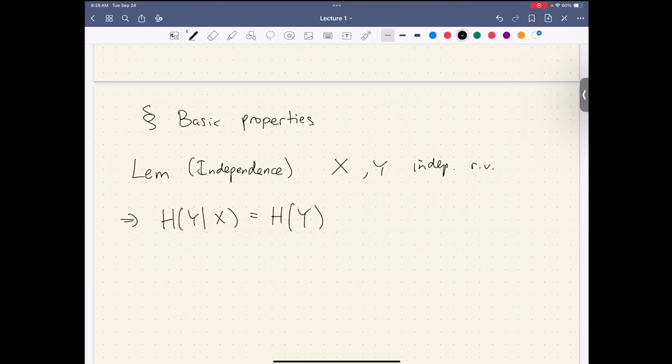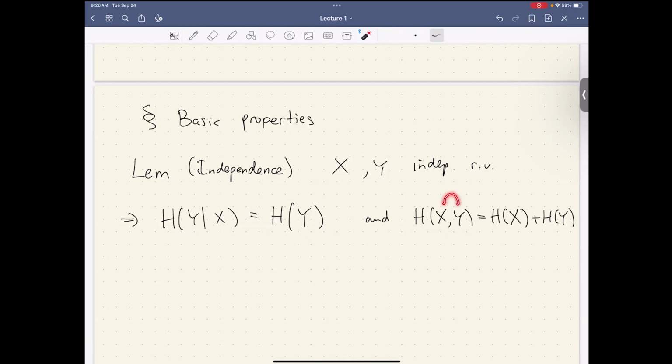And another thing is, the joint information of X and Y equals their sum. This is also intuitive. Since X and Y are independent, their joint information is just the same as the individual information you get from them, taking their sum.